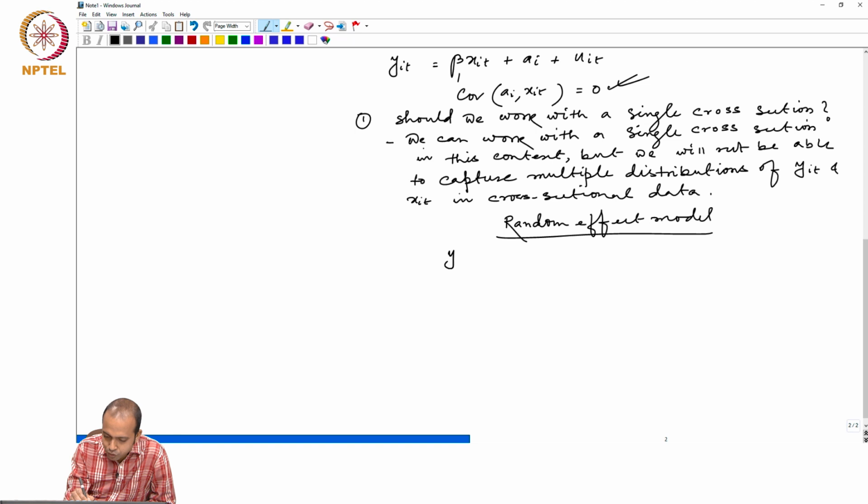Now, the random effect model we can get starting from the fixed effect model. In the fixed effect model, our equation is YIT equals beta 1 XIT plus AI plus UIT.